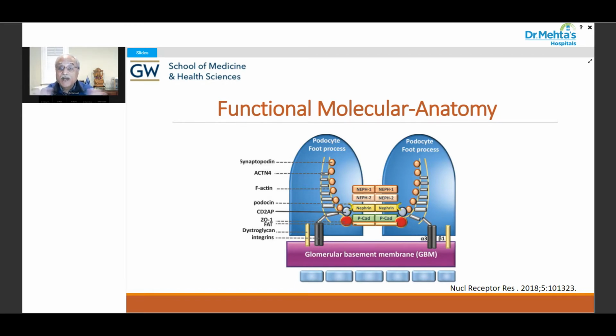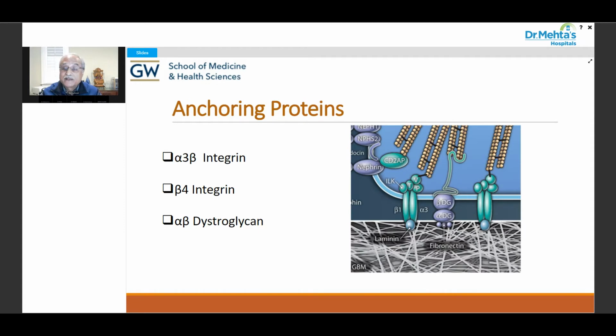So with this, I hope you can get a very brief but somewhat simplified version of what exists molecularly within the podocytes. To re-emphasize, the anchoring of the podocytes onto the glomerular basement membrane, particularly laminin, would be beta 1 and alpha 3 integrin, and fibronectin with the dystroglycan, alpha and beta components.